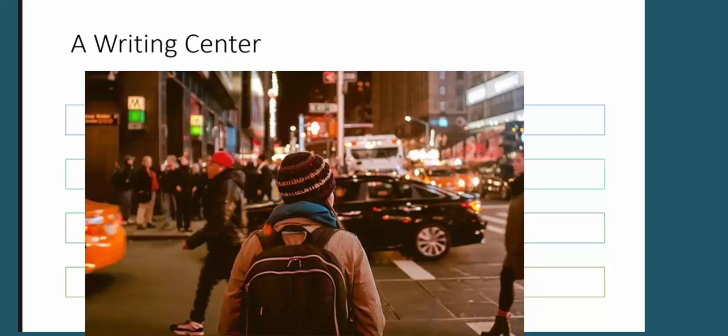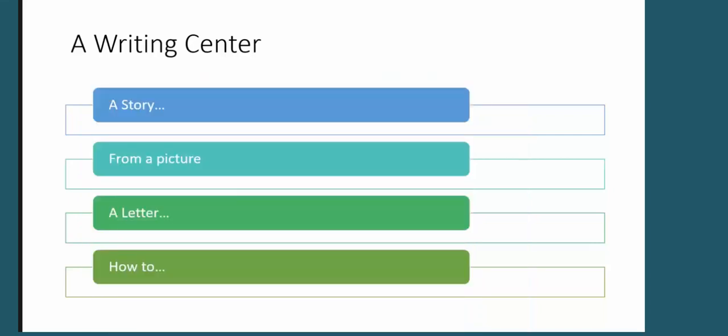The students that are not as strong, have them work together to complete lists of words that would describe the picture. For example, 10 nouns, 10 adjectives, and so on. And then other more advanced students, have them write a story together about the picture.